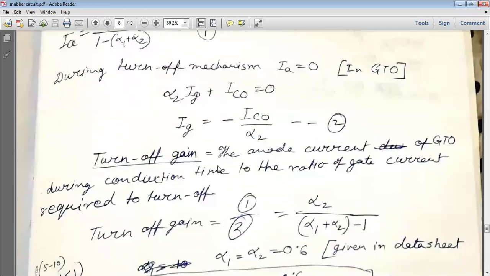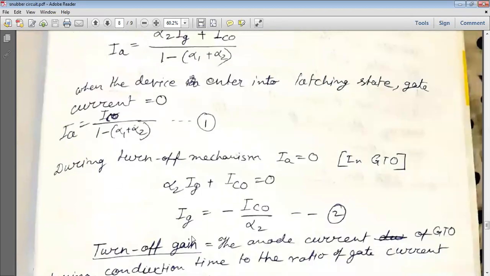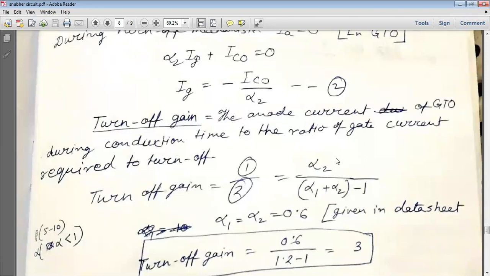The turn off gain is the ratio of the anode current of the GTO during conduction to the gate current required for turn off. So it is Ia by Ig, and that equals alpha 2 by (alpha 1 plus alpha 2 minus 1).